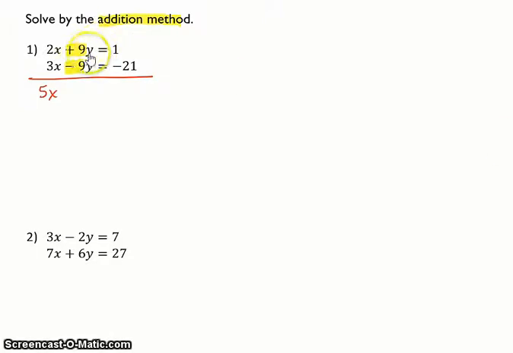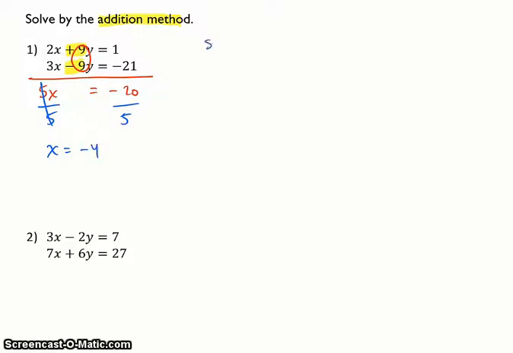And then 9y minus 9y cancels out. They're eliminated, right? On the other side, I get 1 minus 21. That gives me negative 20. And we can then solve for x by dividing by 5. So 5 over 5 is 1. 1 times x is x. And negative 20 divided by 5 is negative 4.